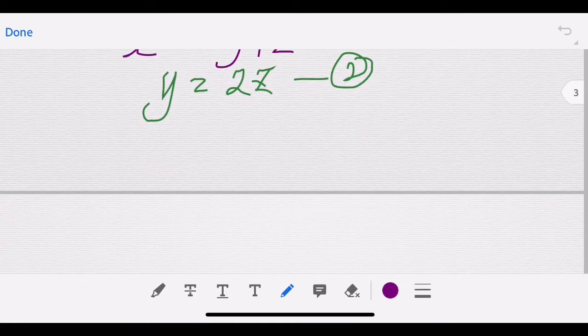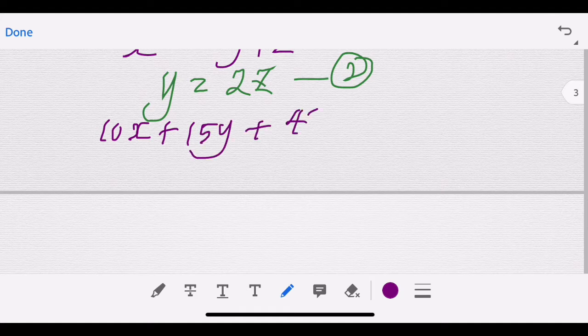So when we talk about cost, we will take 10 for the small one, 15 for the medium one, and the large one is expensive, 40, right? Times z. z is the quantity of the large flower pot, and the total amount spent is 300.